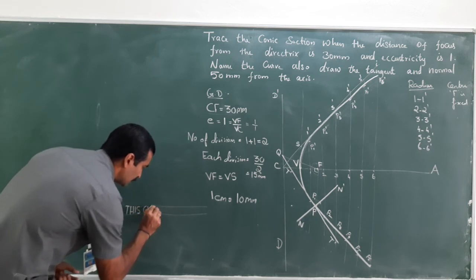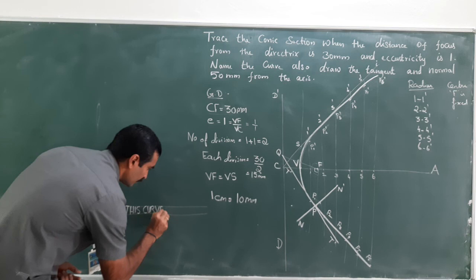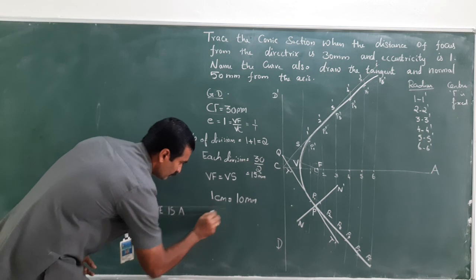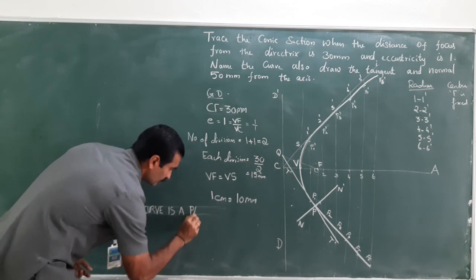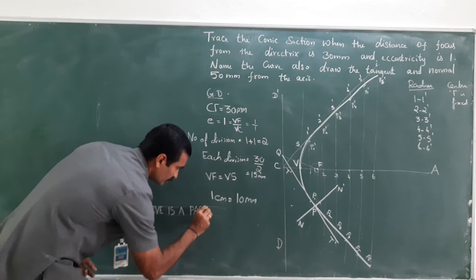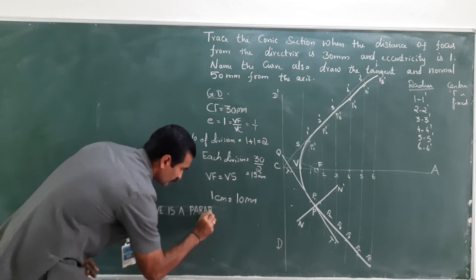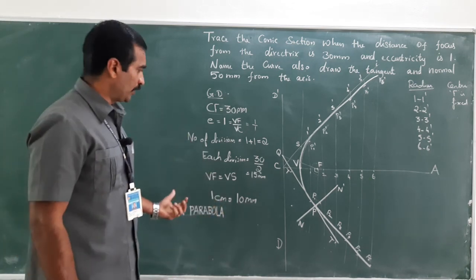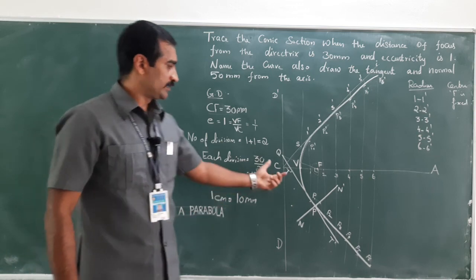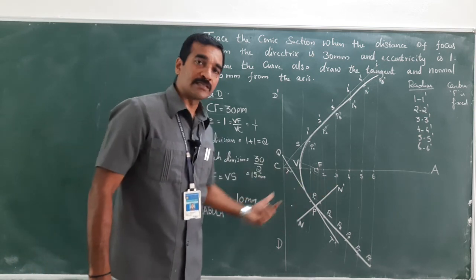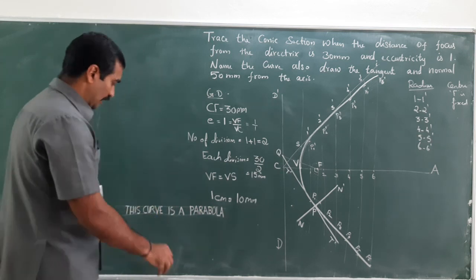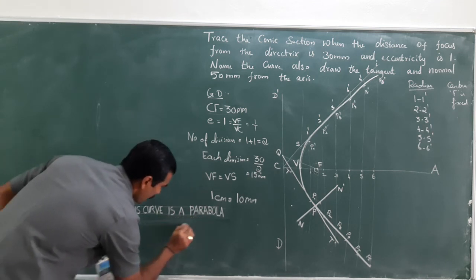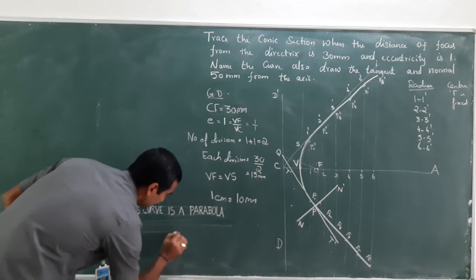So this curve is a parabola. Right? If you want, you can write T dash as tangent, N dash as normal. Let me just draw a guideline of 5 mm height.